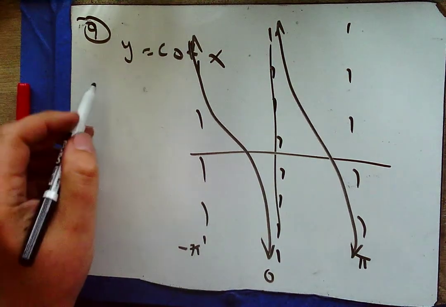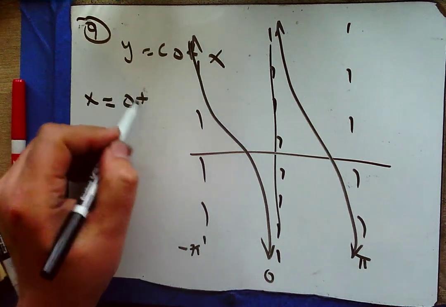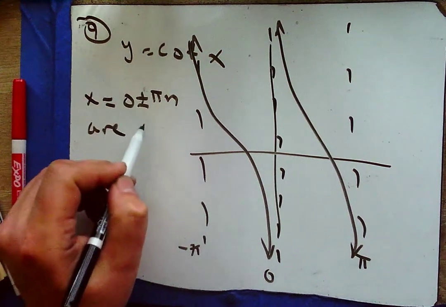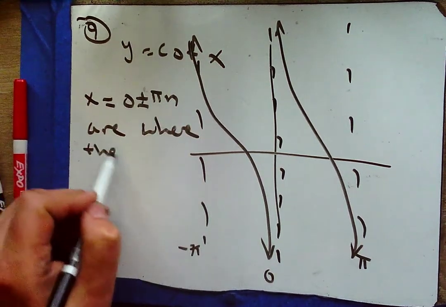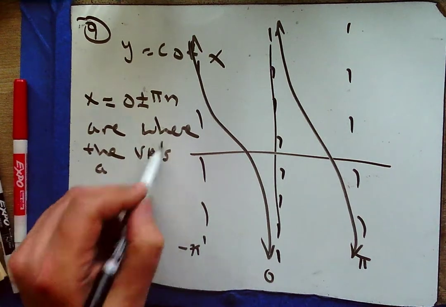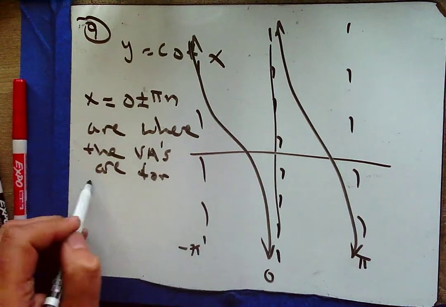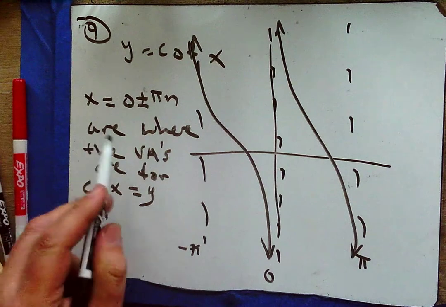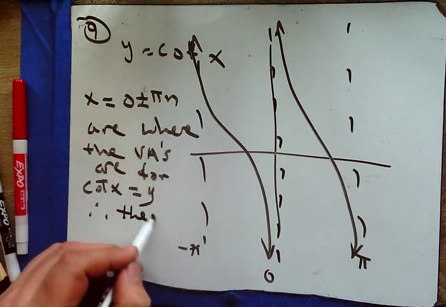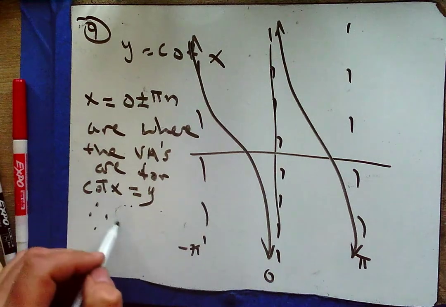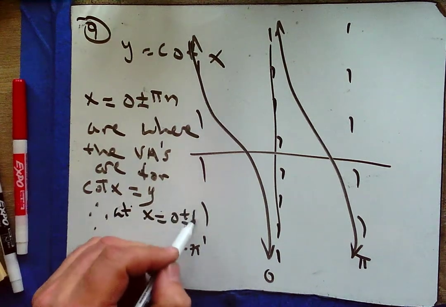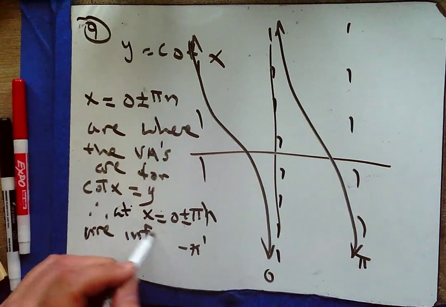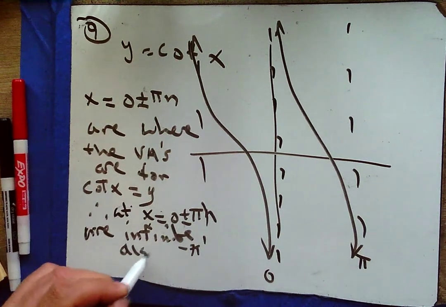Well, I'm going to describe all of them and say x equals 0 plus or minus pi n are where the vertical asymptotes are for cotangent. Therefore, at x equals 0 plus or minus pi n are infinite discontinuities.